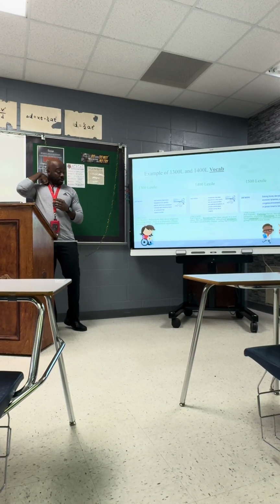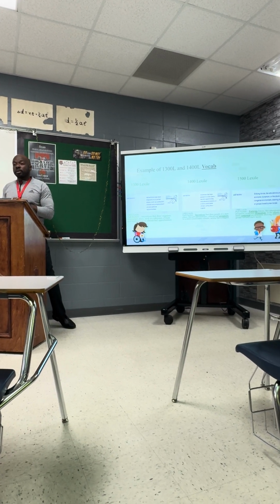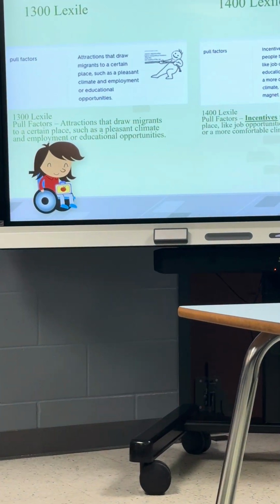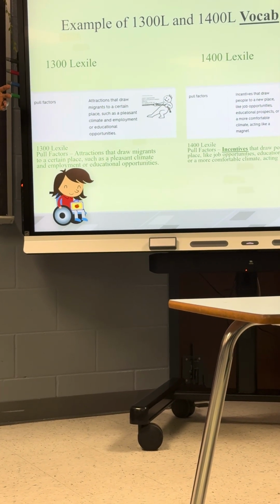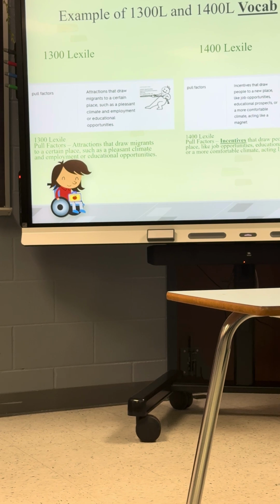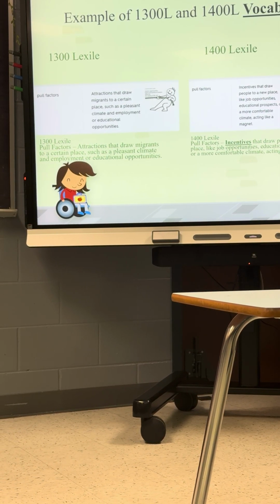So let me give an example of what I mean by the different lexile levels and how the AI will change it. The term is pull factor, and that's the definition. For a 1300 lexile level, it is basically just the definition.